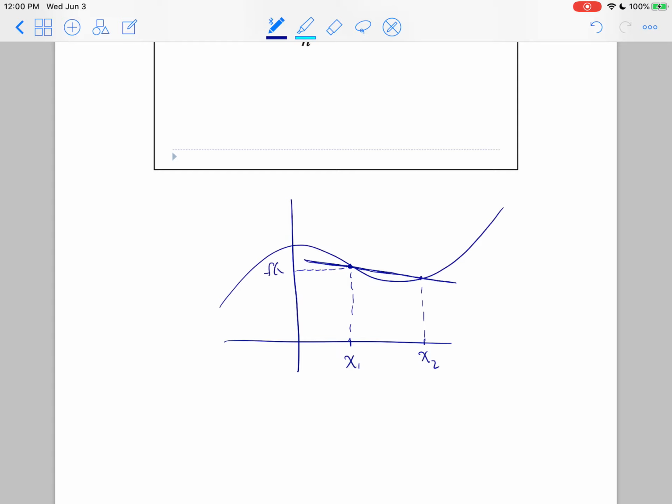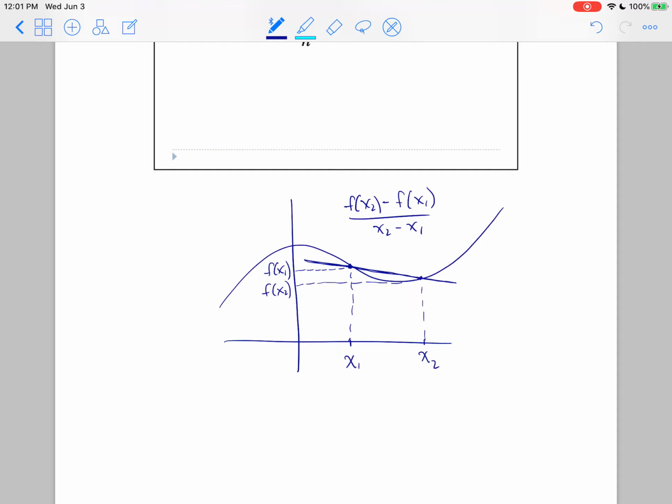Let's call this f of x1 and this f of x2. So the slope, the average rate of change between these 2 points, would be f of x2 minus f of x1 over x2 minus x1.